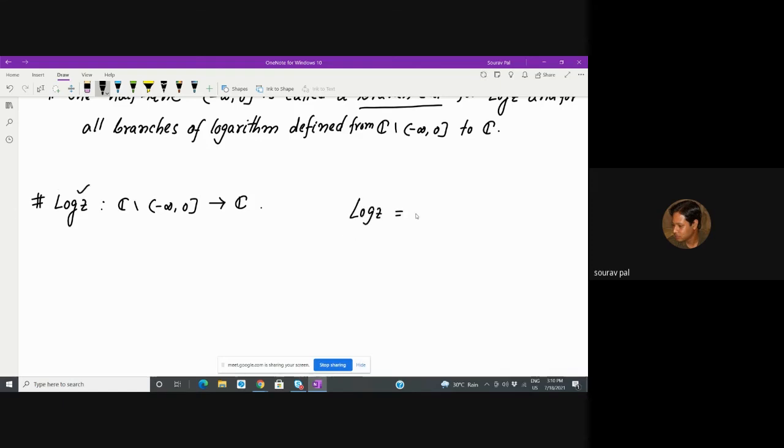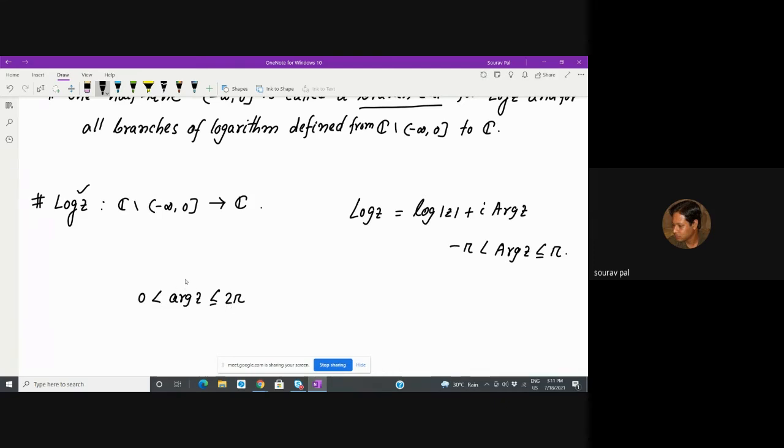Now the point is that, here, if we talk about the principal logarithm, what is log z? You all know this is log mod z plus i times the principal argument. Now if you want to have your argument in some other interval of length 2 pi, for example, between 0 and 2 pi, this is also a half open interval of length 2 pi.